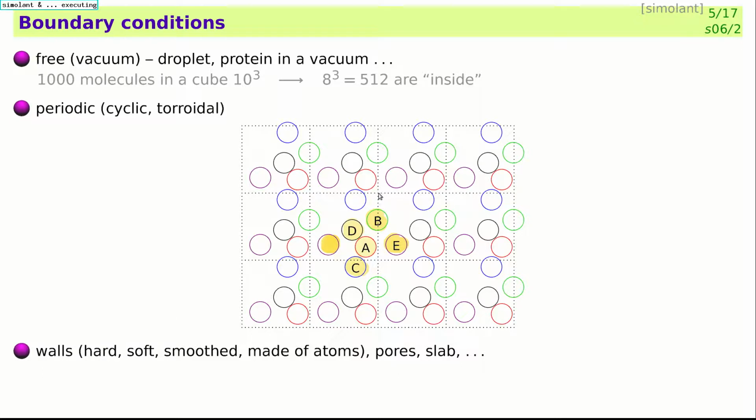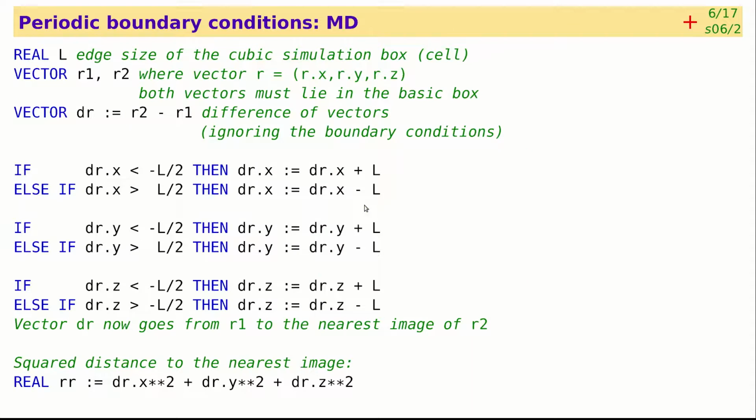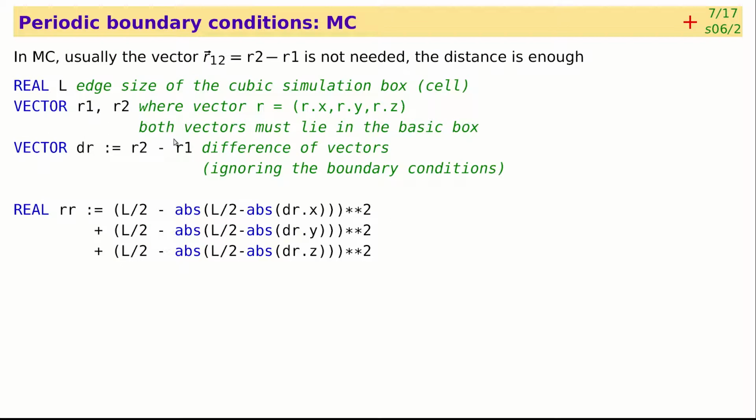Here what I showed you were cubic periodic boundary conditions, but we can use tessellation of space into different polyhedra. It's then more difficult, but you can find it in some packages. From the technical point of view, this is how this is implemented. You can have a look at it, but it's not too important for this course.